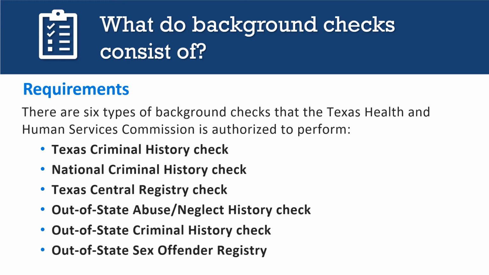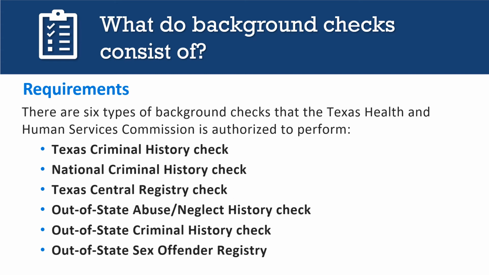The Central Registry is maintained by the Texas Department of Family and Protective Services and identifies people who have been found by Child Protective Investigations, Adult Protective Services, or Child Care Investigations to have abused, neglected, or exploited victims under the age of 18.